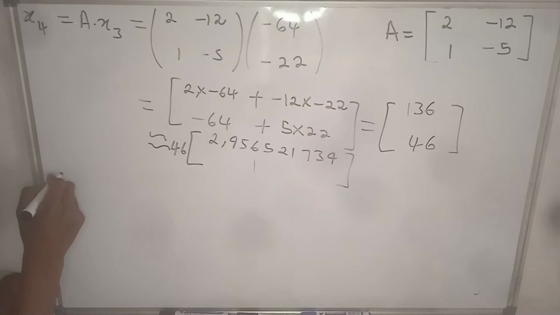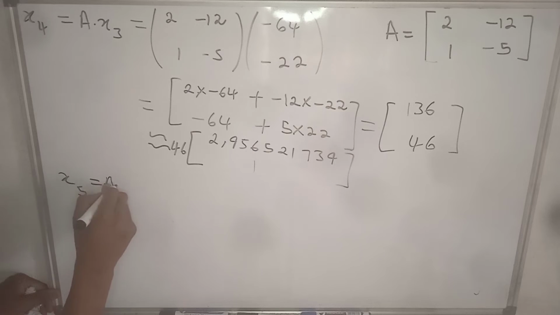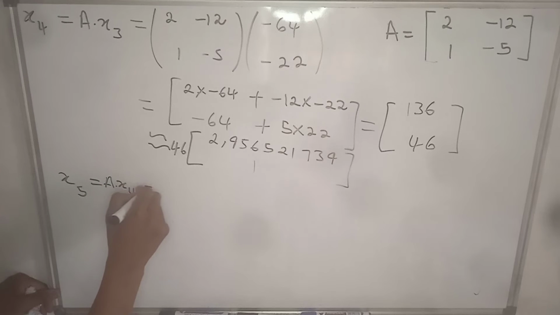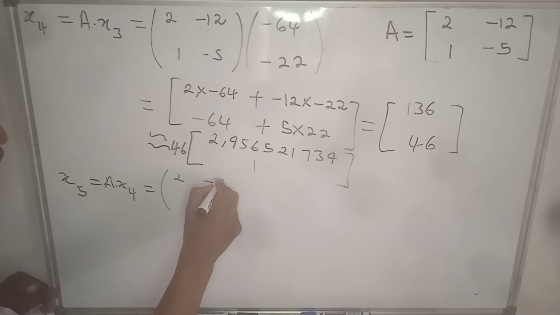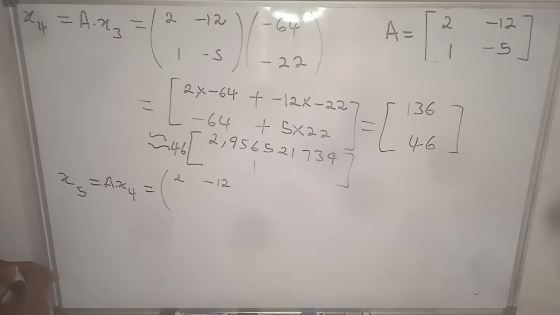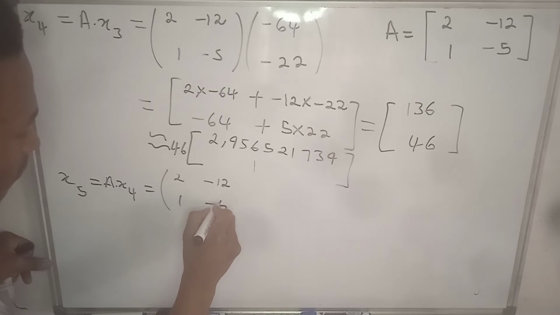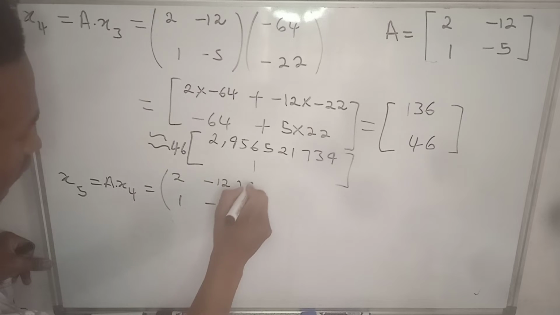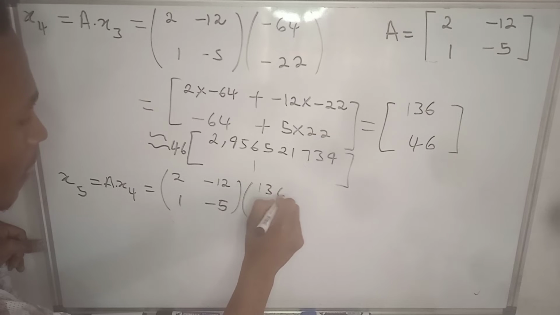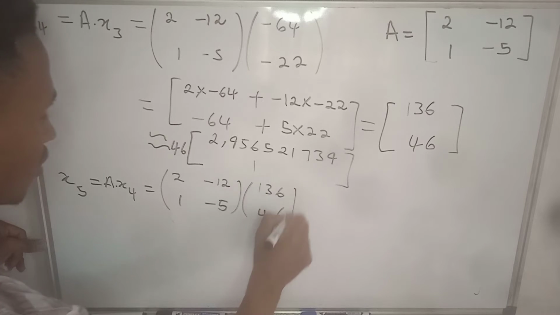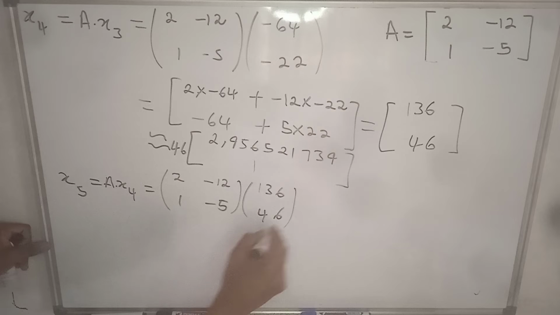Let's go to our fifth. So x5 equals A times x4, where A is our original matrix, [2, -12; 1, -5], multiplied by 136 and 46, which was our fourth iteration.